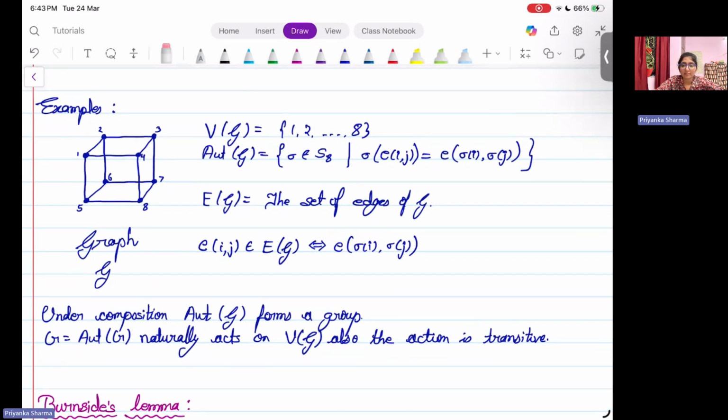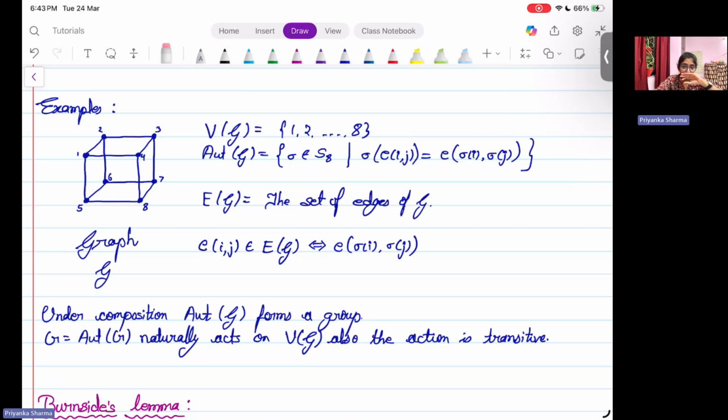And how do we define this? So sigma of Eij, that is sigma image of the edge joining vertices I and J, will be the edge joining vertices sigma I and sigma J. So sigma is an element of S8. So obviously we can define sigma I and sigma J for all I and J between 1 and 8.